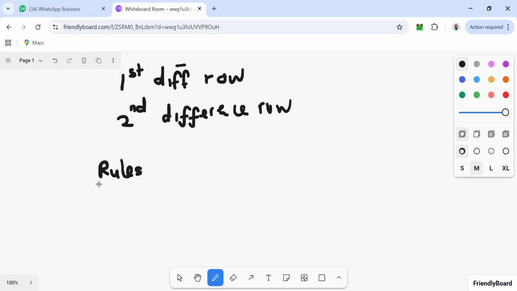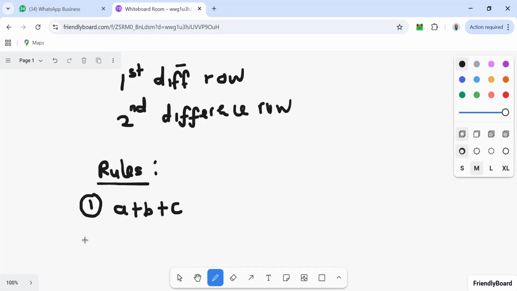I'm going to explain them later, but in the meantime, I'm just going to first write them down. Let me start with the first one, which is a plus b plus c.